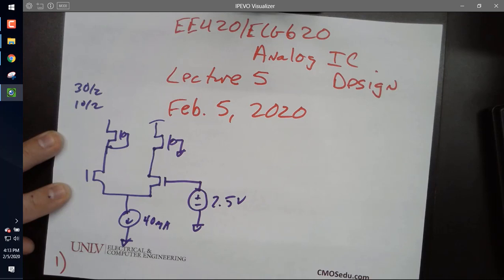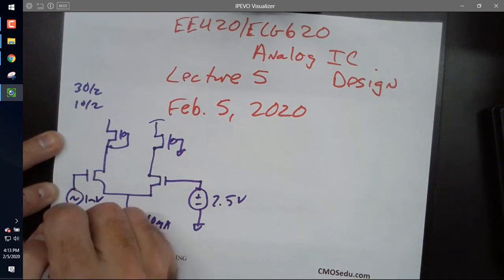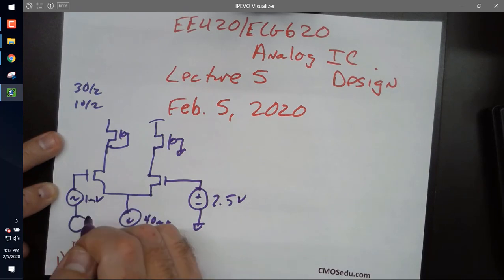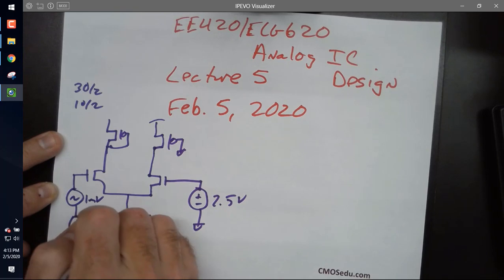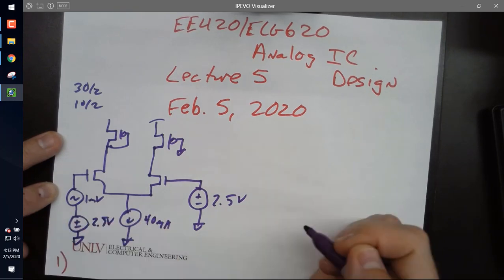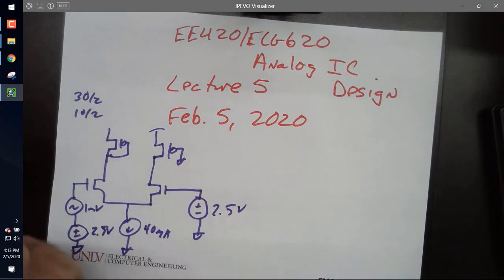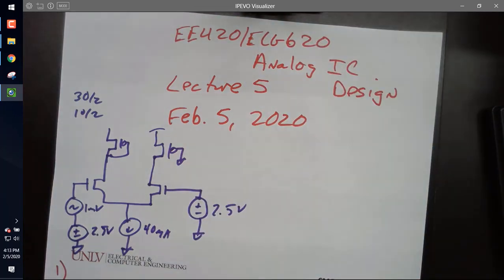What was the name of this circuit? There's a whole chapter on this circuit, chapter 22, I think. Diff amp, differential amplifier. Okay, so help me label the currents and the voltages, the DC values we calculated last time.